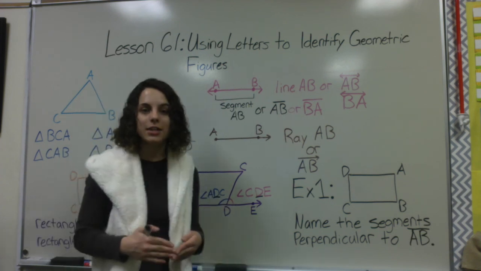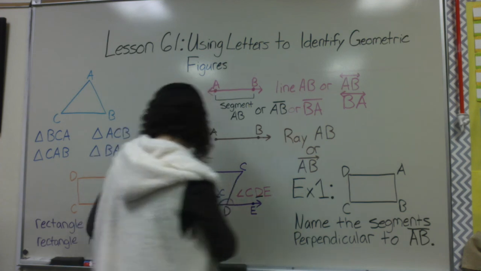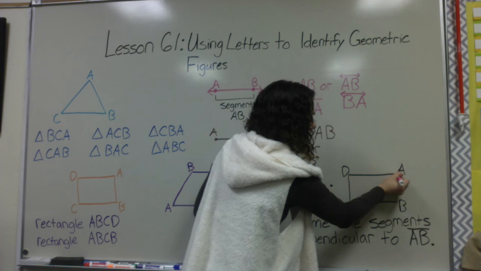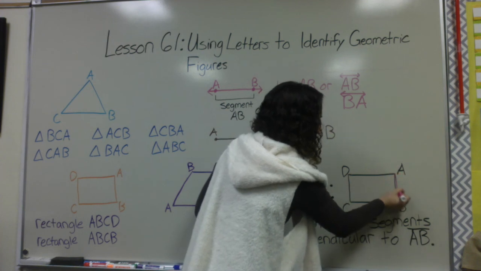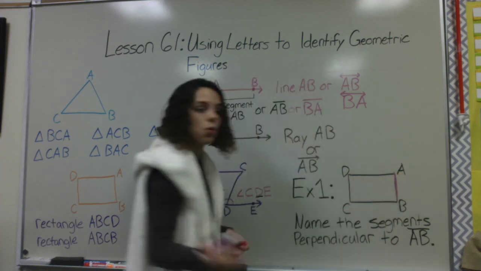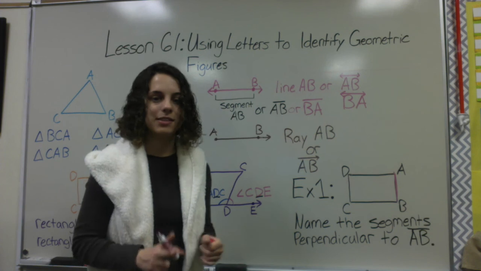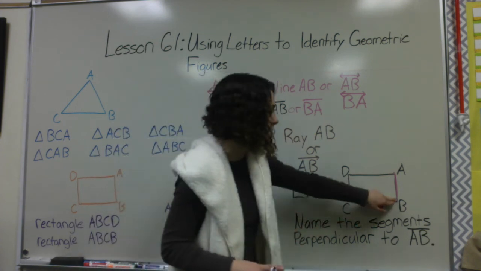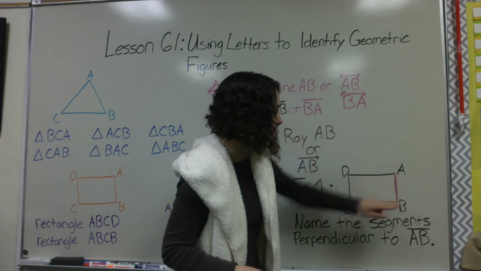So it's a line that intersects at a right angle. So what I'm looking at right now is line segment AB. So which two segments, I'm going to have more than one, name the segments, which segments intersect with this segment at a right angle?